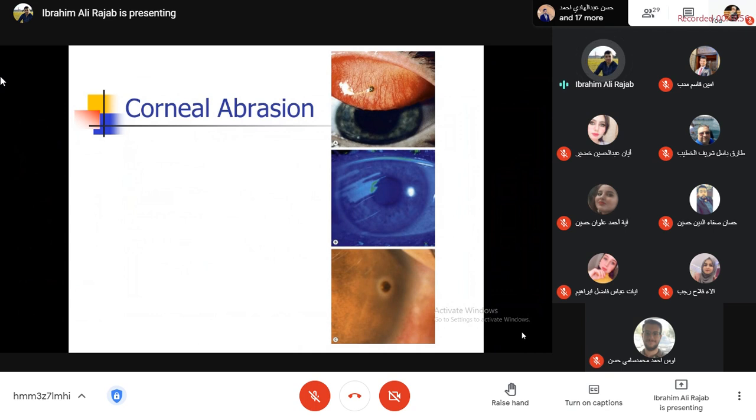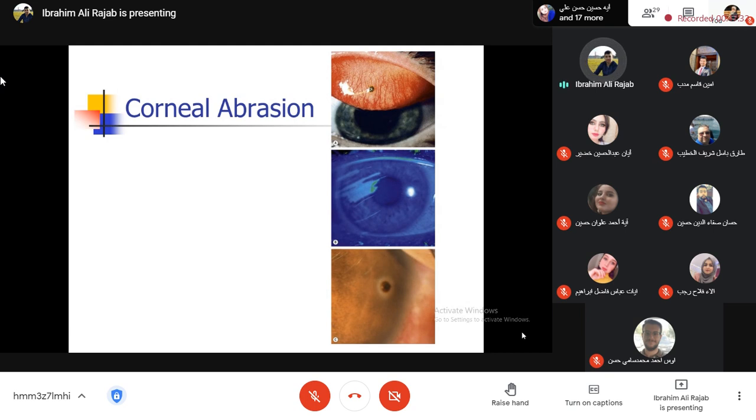The second image, the mid image, is the image of the cornea under the blue light filter, the cobalt blue filter. As you know, in the slit lamp there is a filter called the cobalt blue filter, and this filter allows us to perform a special examination maneuver when we put a fluorescein stain inside the conjunctival sac.